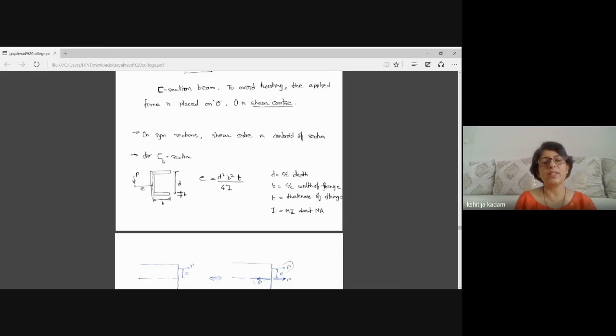But if your section is a C section, that is shown in the sketch, you can see the cross section is given.